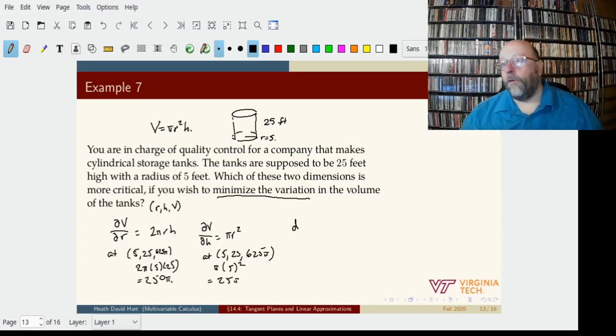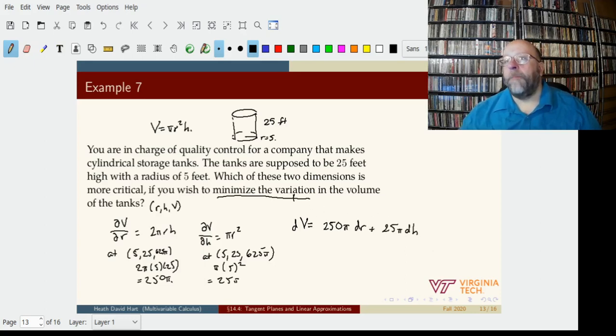And so the total differential, and it's not z anymore, it's the change in the volume, is 250 pi times the change in the radius plus 25 pi times the change in the height. This is the total differential.